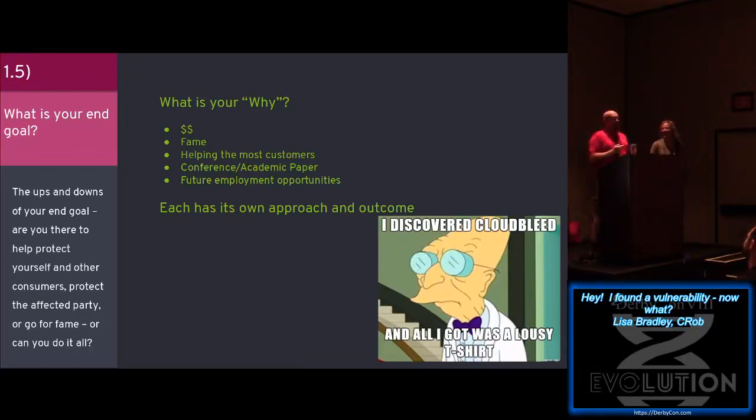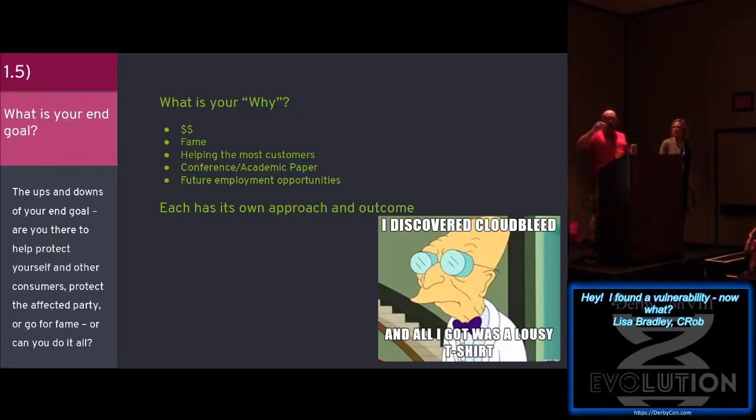She's sorry. And really importantly, as you discover a problem, you need to understand what your end goal is. What's your why? Are you looking to turn something in and get a bug bounty? Are you looking for money? Are you looking to have the amazing fame of the internet and Twitter laud you for your amazingness? Are you looking to help people? We have a lot of people, especially in open source, that are very altruistic.